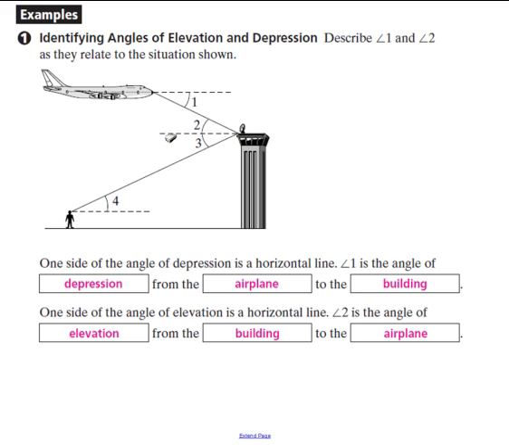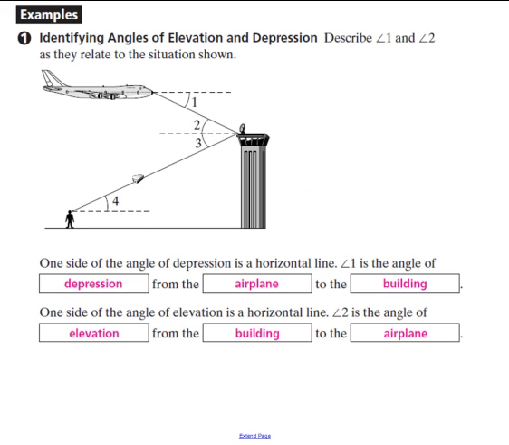So we're starting with a horizontal line of sight from where we would be standing on the building, and angle of elevation looking up. So if we were to continue naming these, we could name the angle of depression from the building to the person, or the angle of elevation from the person to the building.